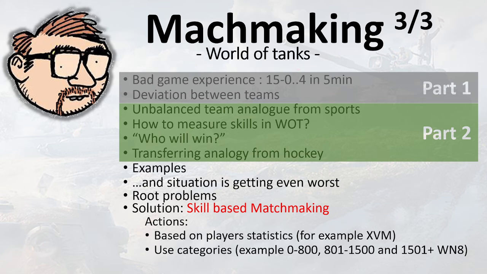800 to 1500 would be the level where the players start to know how to play, and their skill develops fast to a higher level. And at 1500 and higher, there will be all the unicorns and the good players together.